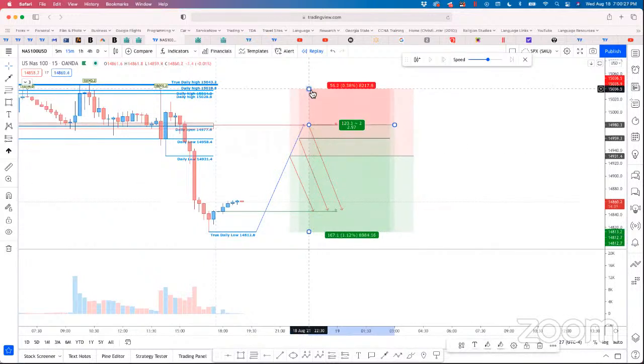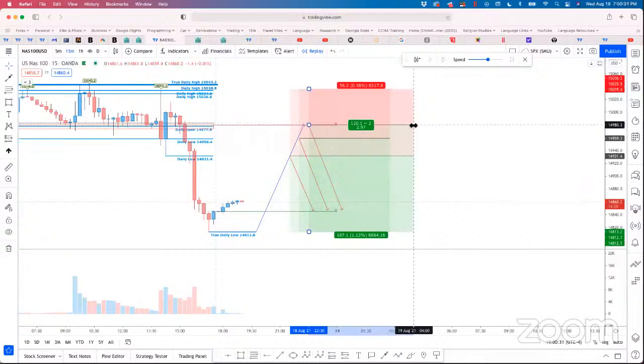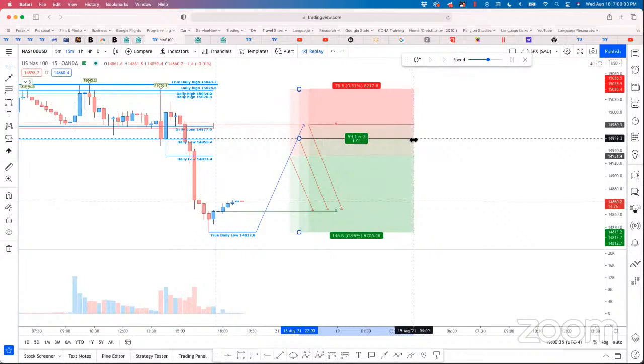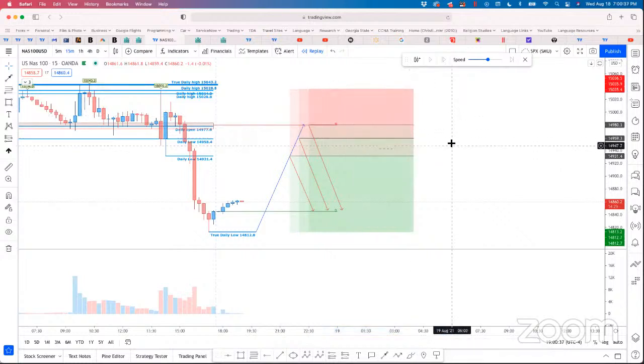That's all 3 of those trades. You can either just put alerts right here or put small pennant orders, whatever you want to do. But that's kind of up to you.